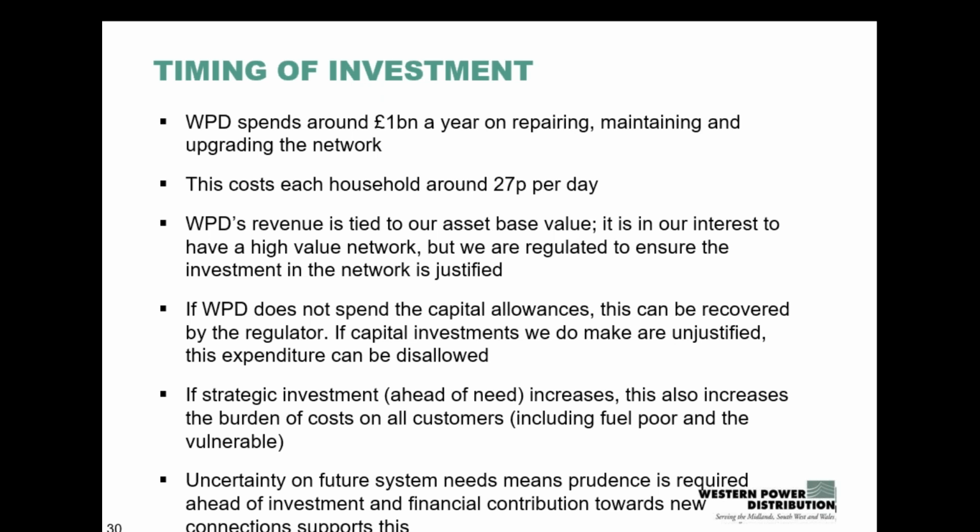Now, our revenue is tied to our asset base value, so how much copper we've got in the ground, how many overhead lines, underground cables, transformers, how much of that we've got connected and working for us on our network. And so it's in our interest to have a high value network.